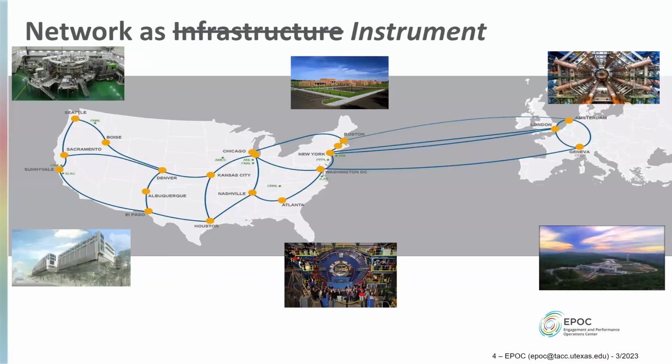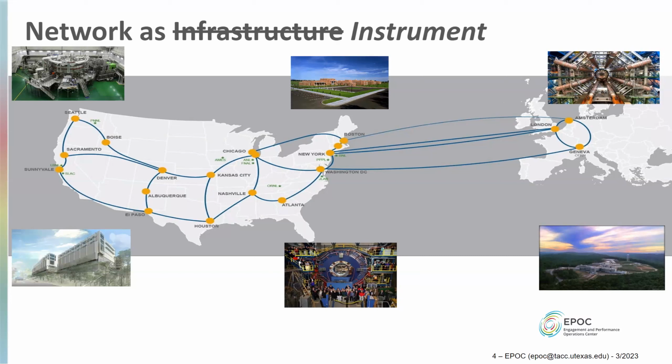So one of the things we do is we look at network as part of the instrument as opposed to just purely infrastructure. So whether you have a massive particle accelerator or a relatively modest device that's just used for genomics or something along those lines, or somewhere in between that scale, we look at the network in R&E as an extension of that instrument that is already there, that brings the data from that instrument to any researcher that may need it.